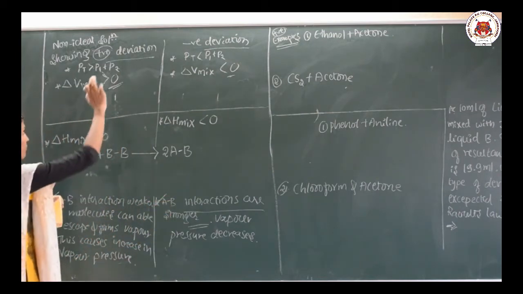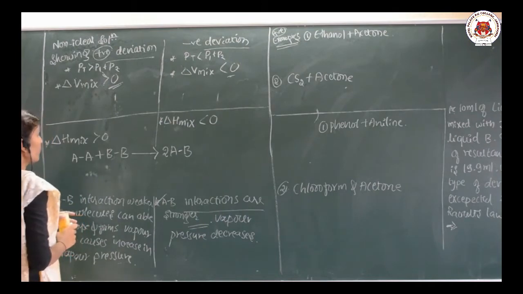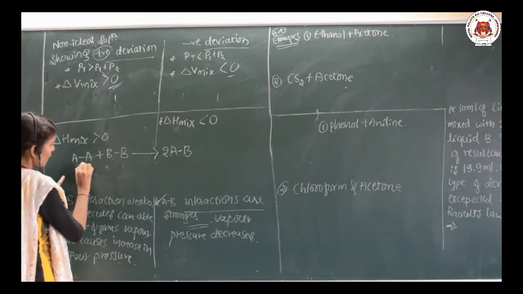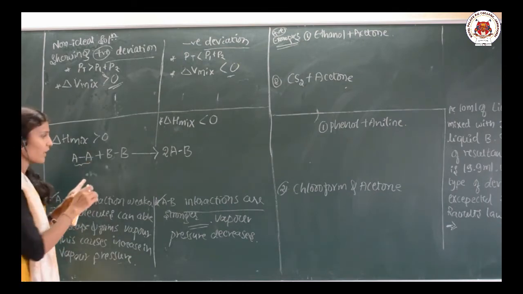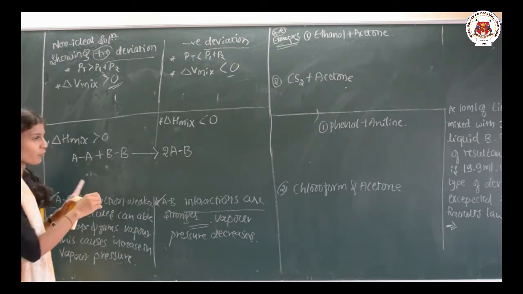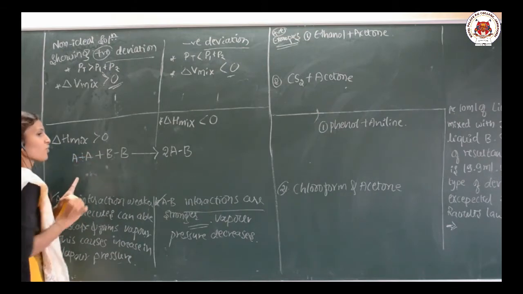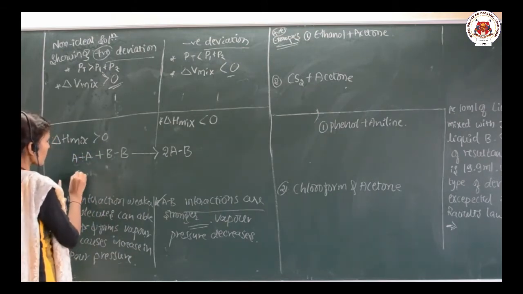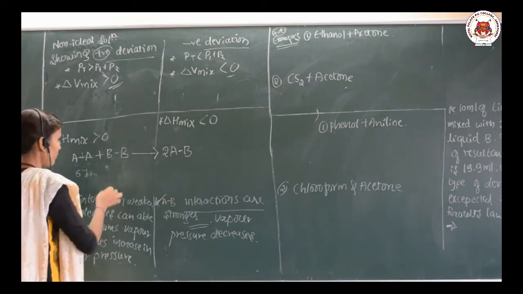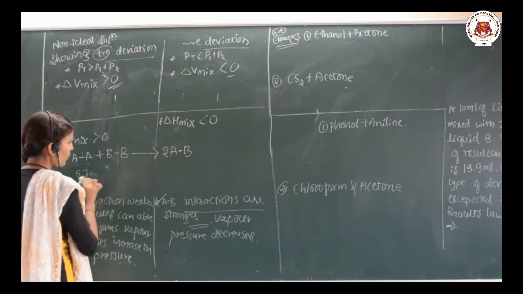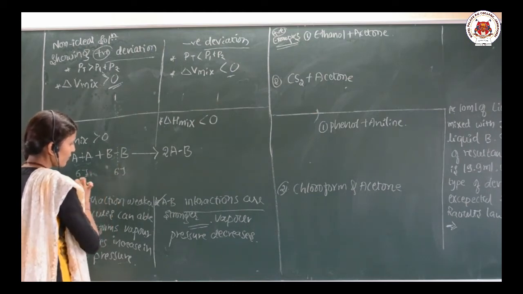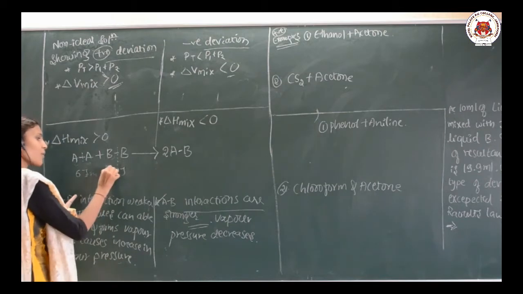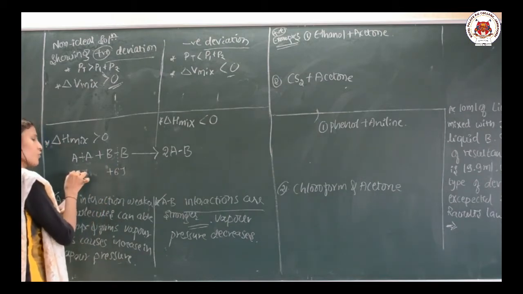Let me tell you in terms of the positive deviation. I need to break the AA interaction. In order to break this bond, I have to supply some amount of energy. Let us take 6 joules, and in order to break the BB bond, let us take 6 joules, and since we are providing the energy, I am going to take it as positive.